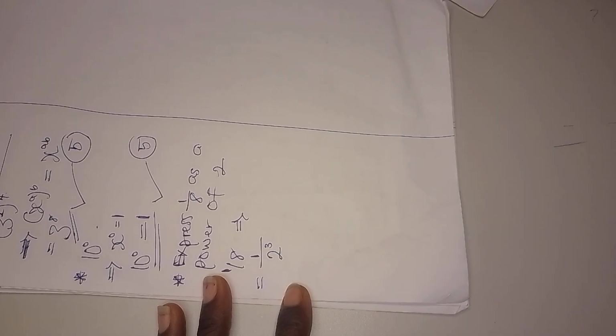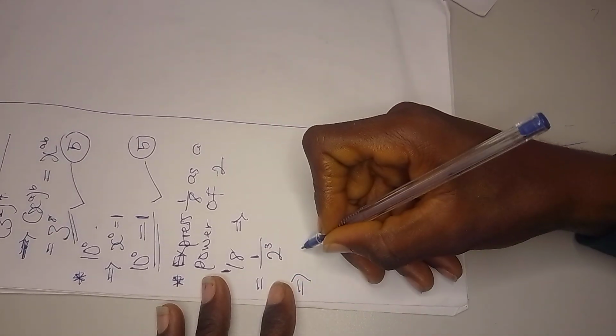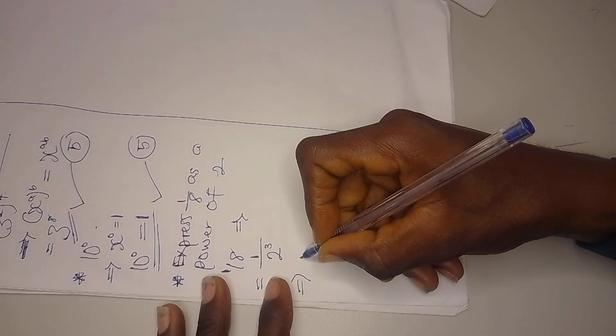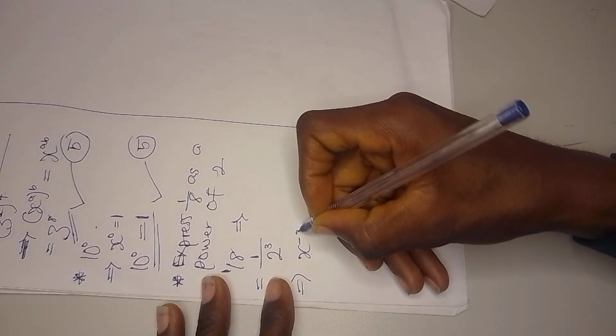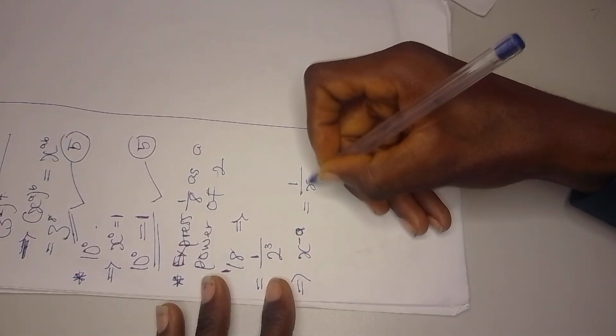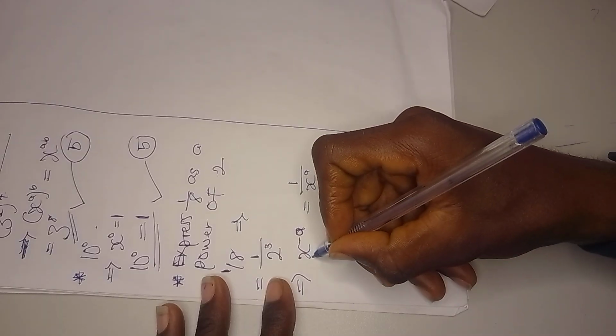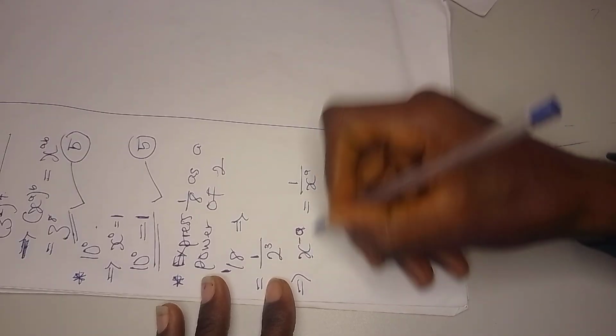But remember that I have taught you that there's this law of indices that says x raised to the power of minus a is the same thing as 1 over x raised to the power of a. It means that 1 over x raised to the power of a can also be taken back to be this because they are equal to each other.